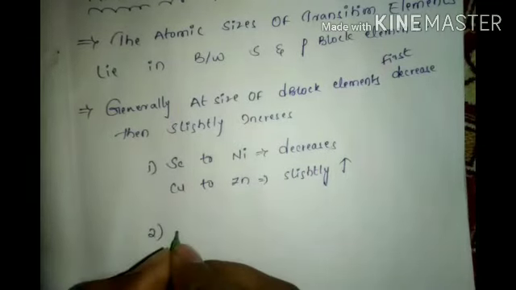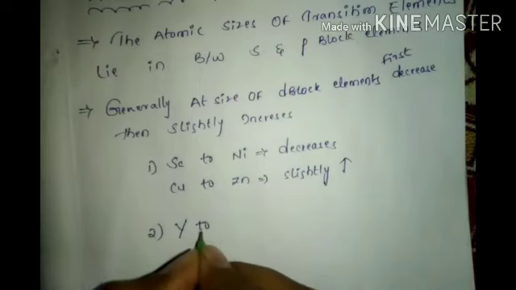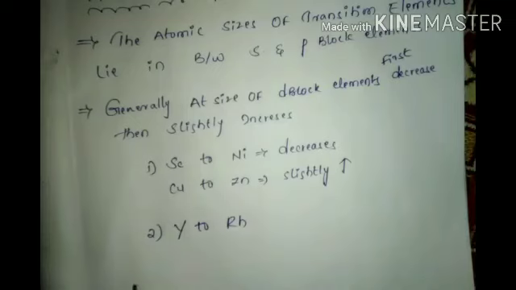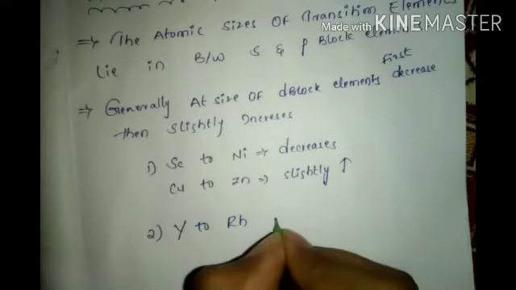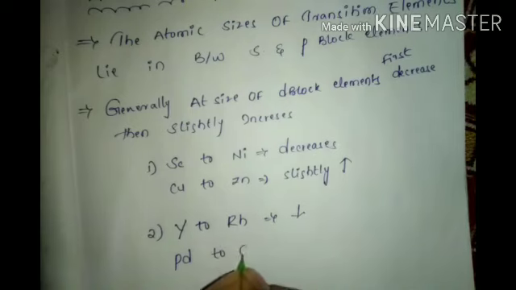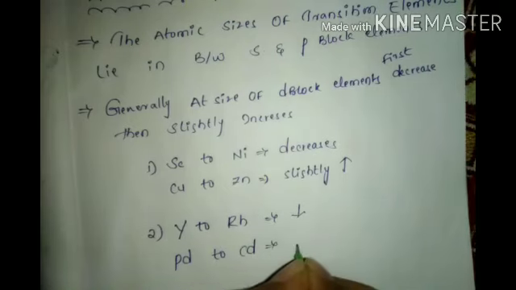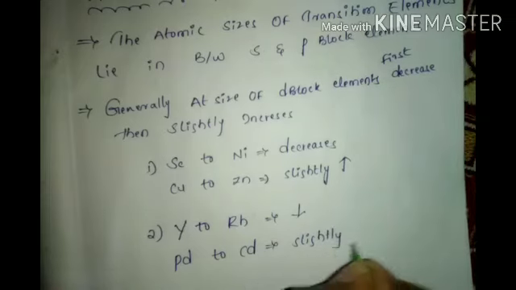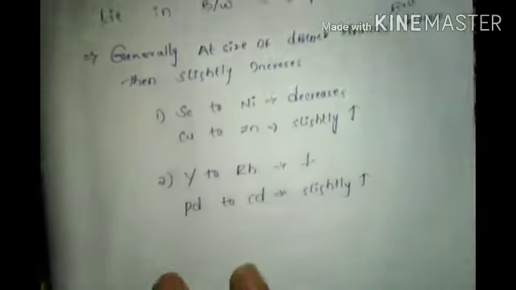Second example, yttrium to rhodium decreases, then palladium to cadmium slightly increases.